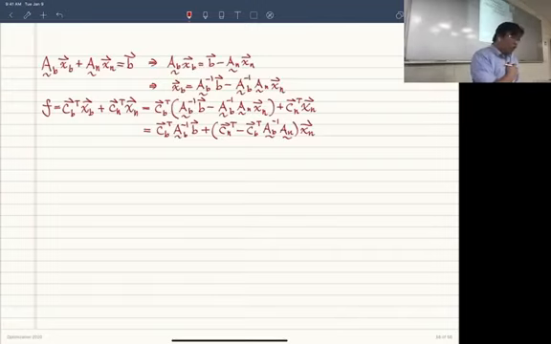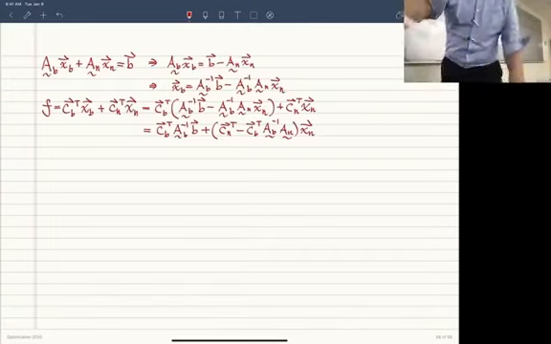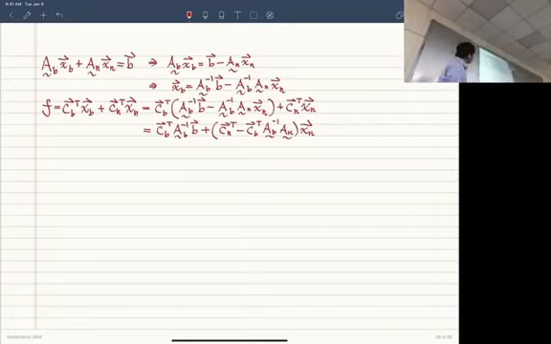Okay. So this looks like a very complicated function, but if you try to observe it, you will tell this is actually a bunch of coefficients doing some multiplications.